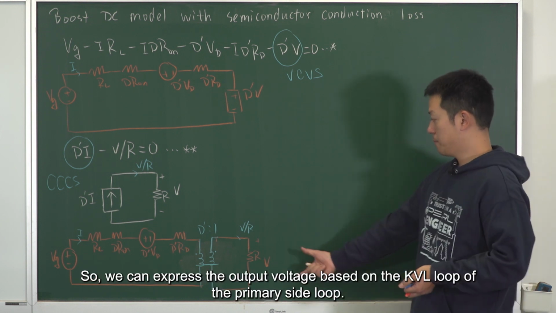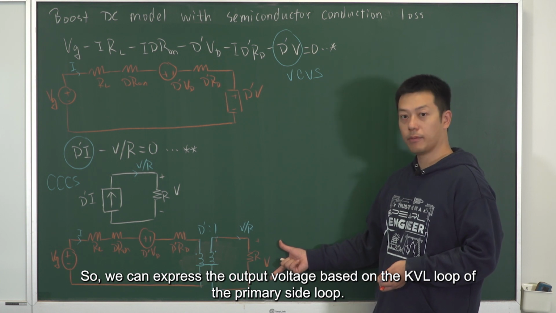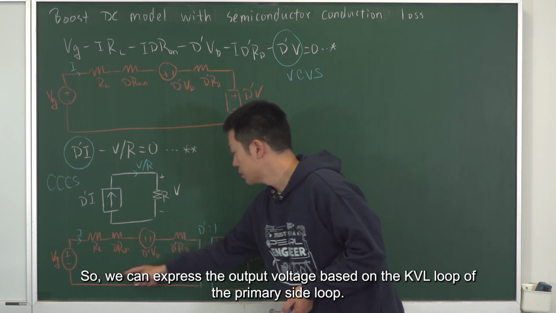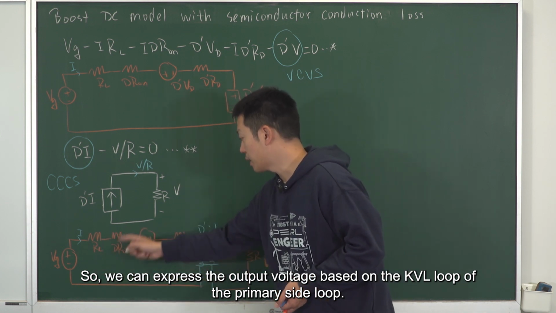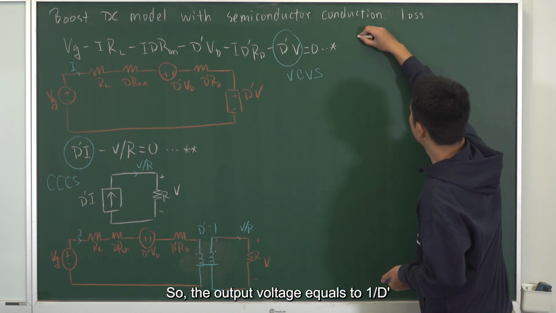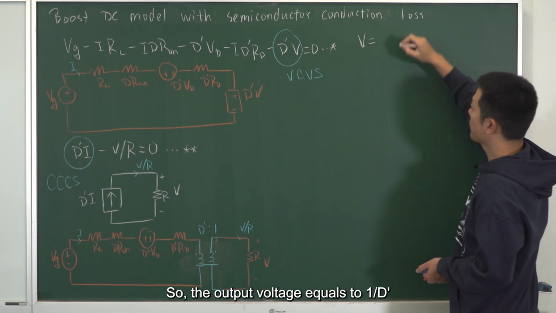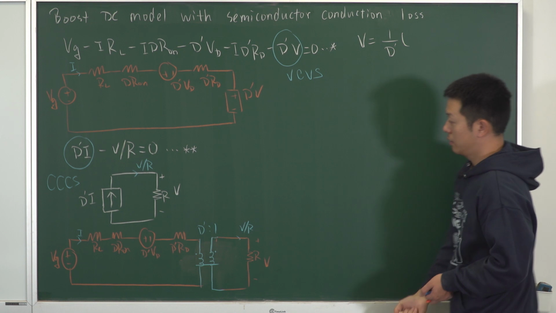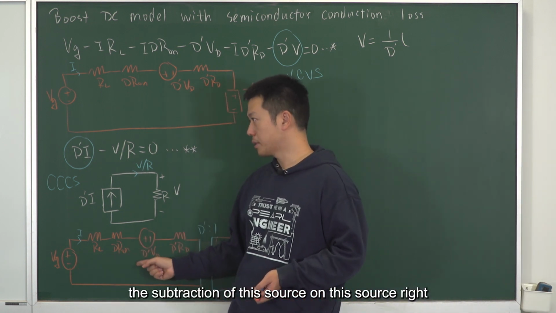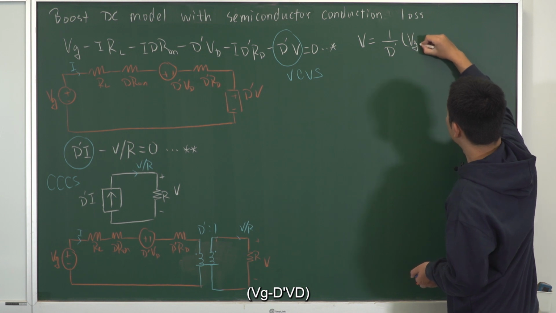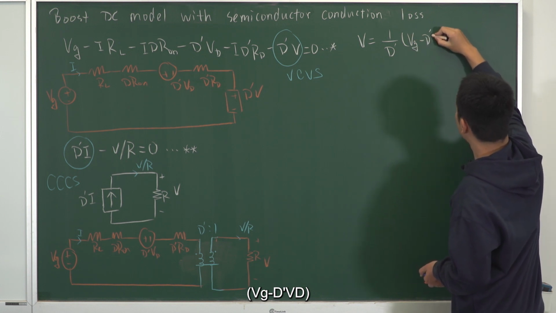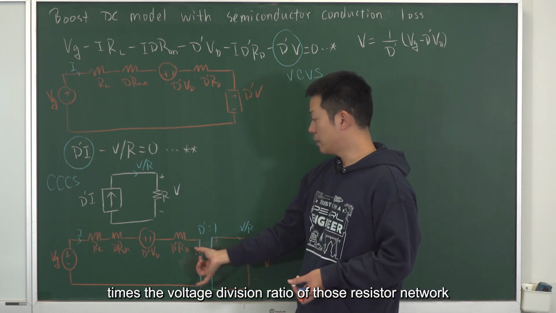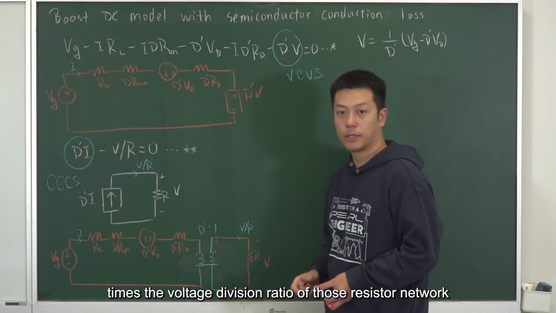So we can express the output voltage based on the KVL loop of the primary side loop. The output voltage equals to 1 over D prime times the subtraction of this source and this source, Vg minus D prime V_D, times the voltage division ratio of those resistor network.